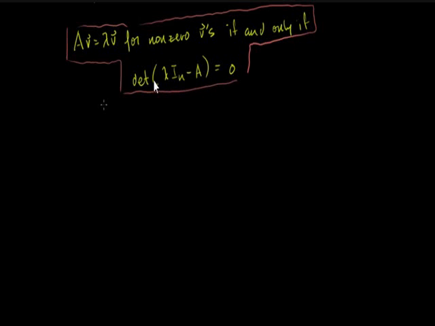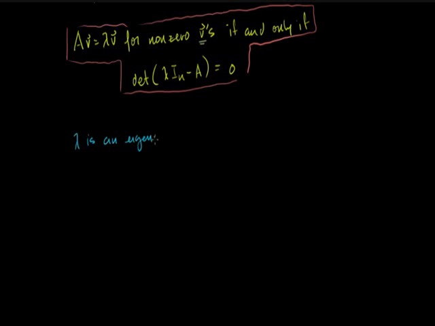If the determinant of this matrix is 0, then the value of lambda is called the eigenvalue for this matrix. We calculate this by a very easy method, writing Av = lambda v, which we can write as (lambda I minus A) v, and we have to find the det of this one. If this det is 0, then we will find the value of lambda.